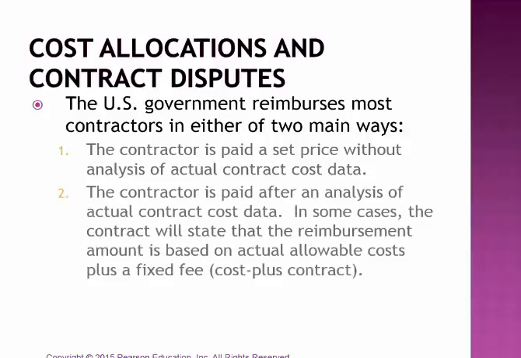But then there's a second one, and this is where the contractor is paid after an analysis of actual contract cost data. In some cases, the contract will state that the reimbursement amount is based on actual allowable cost plus a fixed fee.